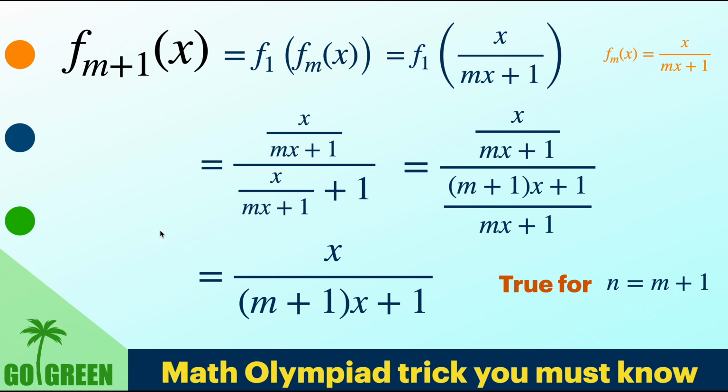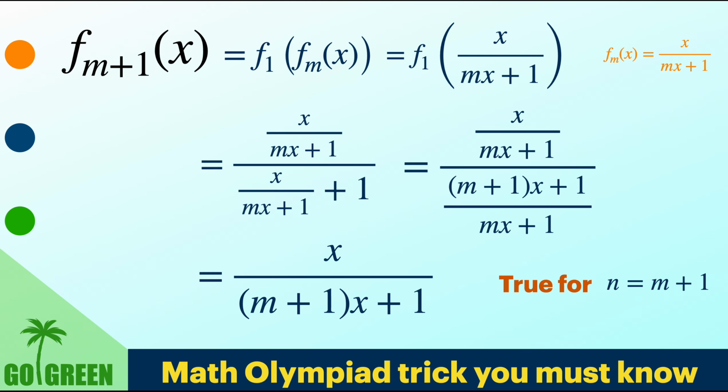And we are actually done with the proof. Why? Because for any m, if it is true, our calculation shows that for m plus 1, the next number, it must be true. For n equal to 1 it is true, for n equal to 2 it is true, for n equal to 3 it is true, and if it is true for m, then it is true for m plus 1.